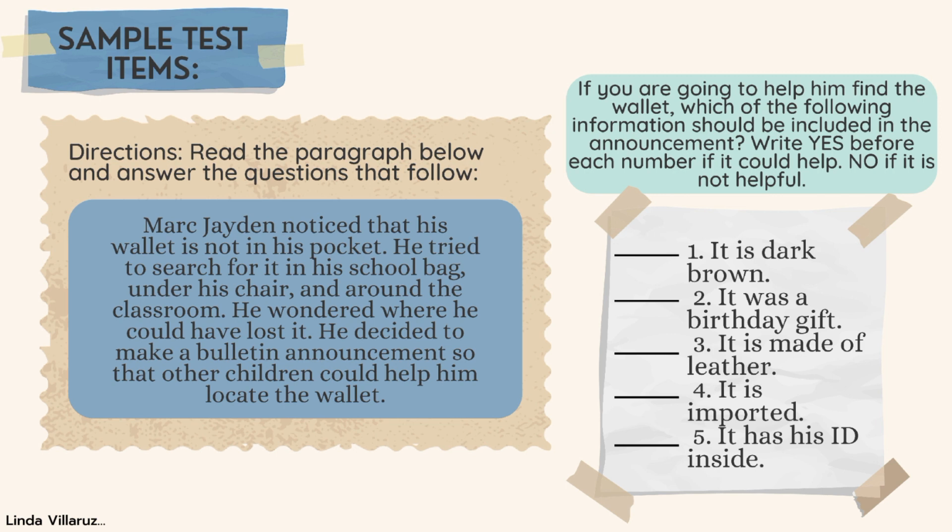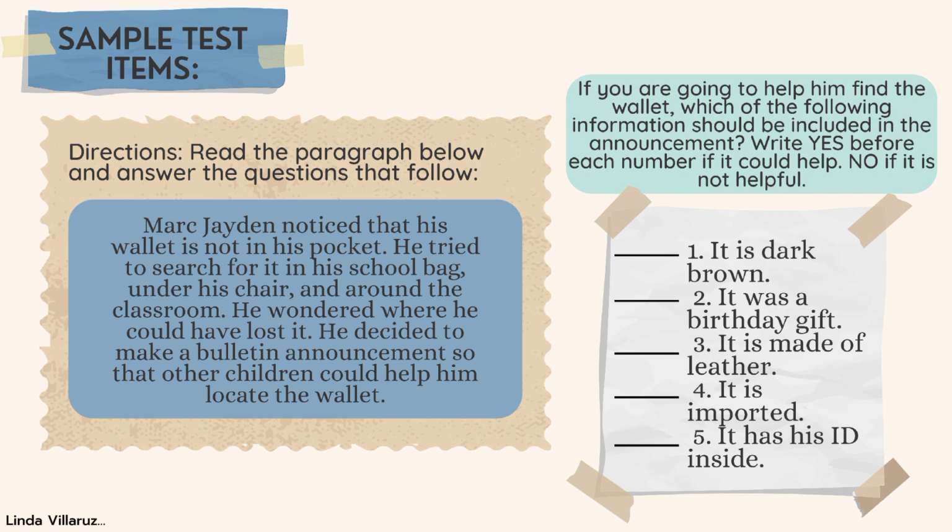So, if you are going to help him find the wallet, which of the following information should be included in the announcement? Write yes before each number if it could help, no if it is not helpful. So we have here number 1, it is dark brown.